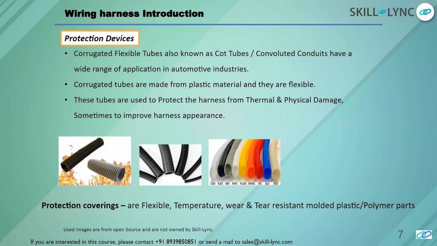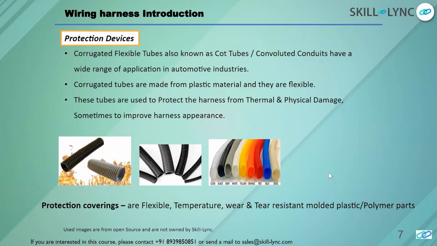Basically these are convoluted components which are flexible, that can be used for protecting these wires from, as I was explaining, the dust, the water, or any chemical attack, correct? So it should not burn the actual wires which are inside. So that's why we provide these protective equipments, correct? So these are used to protect the harness from thermal as well as physical damages generally, correct?